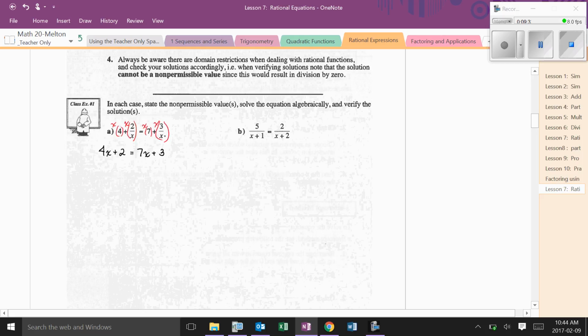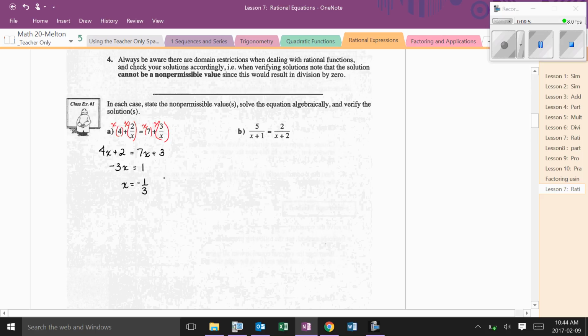Again, the x over x is just 1, so that comes back to a really, really simple linear equation for us to solve then. And so moving your variable, isolating that onto one side, and moving your values to the other side. So then I've got negative 3x is equal to 1, and x is equal to negative 1/3.